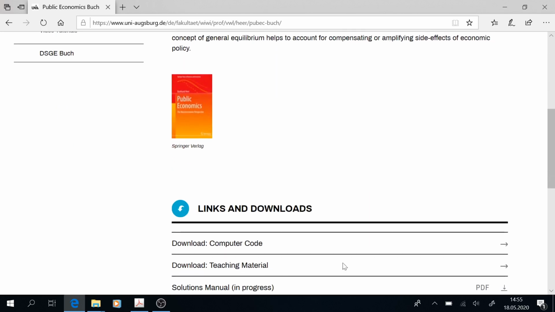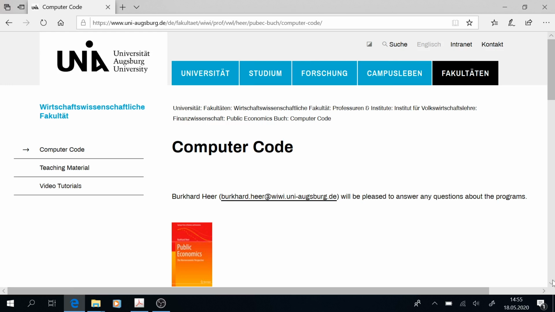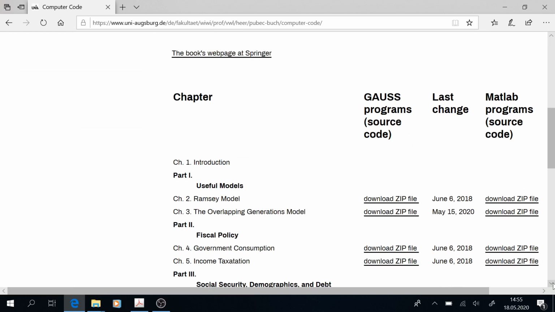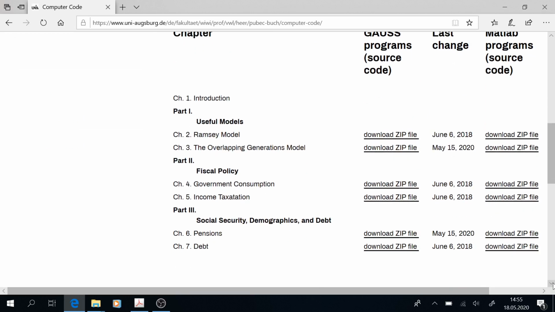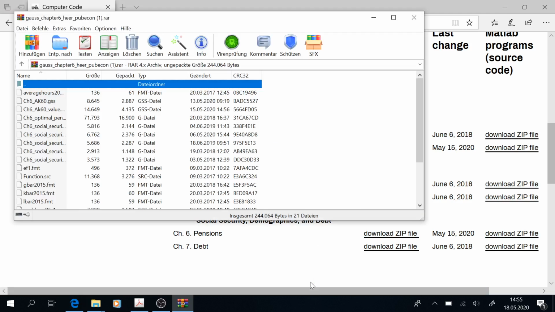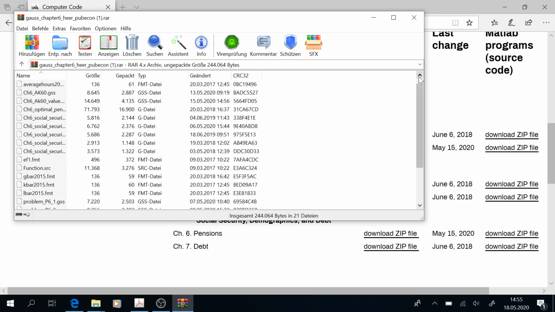Scroll down to my computer code here, download computer code, and locate the area where we have the particular links to the chapters. So this is on chapter 6, pensions, download zip code, in case you're using GAUSS. In case, of course, you're using MATLAB, just choose the other link. And when you download this zip file, there's a whole directory full of GAUSS computer programs.